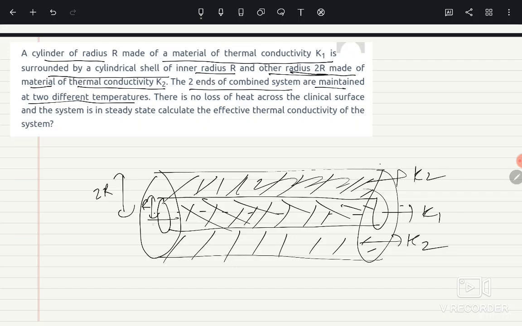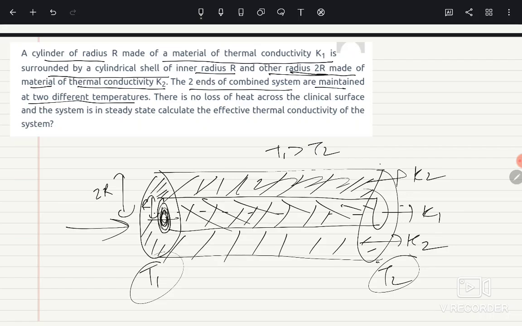The two ends of the cylinder are maintained at different temperatures. Suppose this end has T1 and this end has T2. If T1 is greater than T2, the heat will flow like this, through the cross-section area of this portion and this portion.